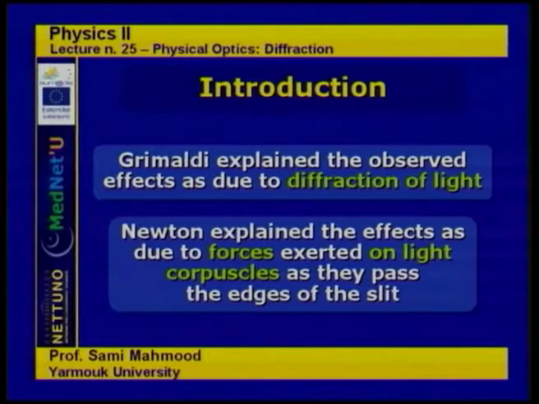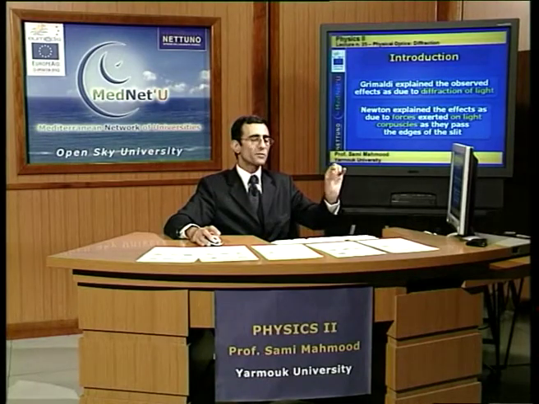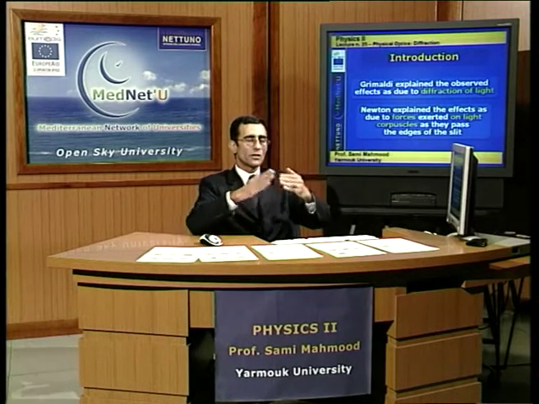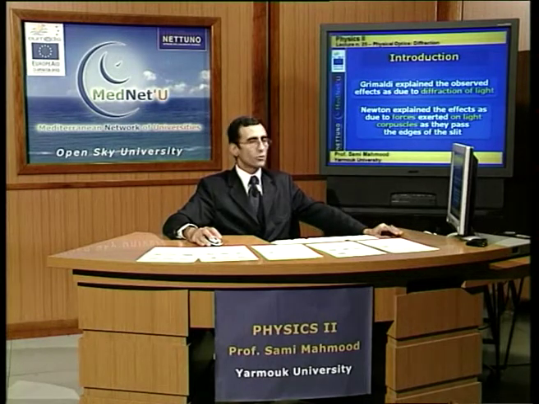The way he explained them is that he thought these effects are due to forces exerted on light corpuscles as they pass the edges of the slit. It's simply an interaction force between the corpuscles of light, the particles of light, and the edges. That's how he thought the explanation could be.